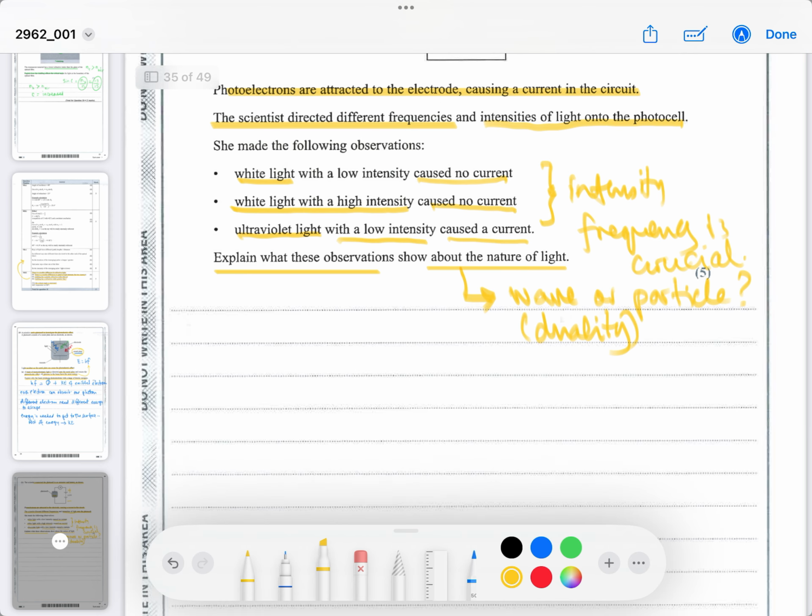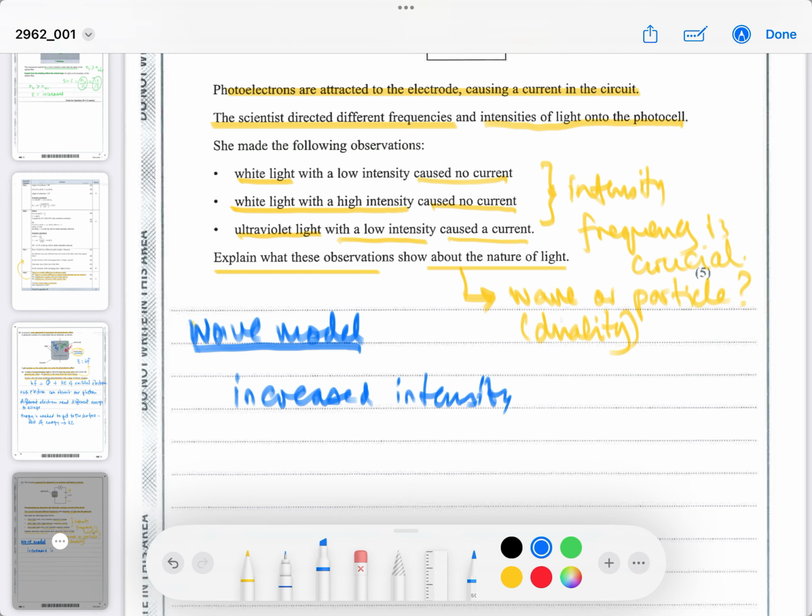So first part is about intensity doesn't seem to make a difference. Now, first of all, the wave model. The wave model would suggest that if you increase the intensity, the energy is proportional to it.